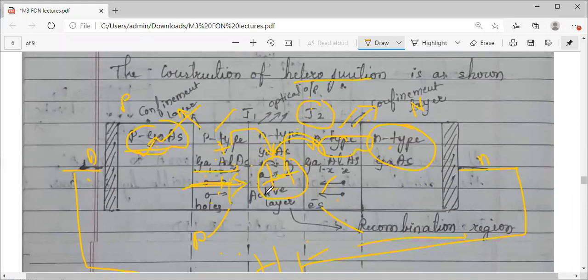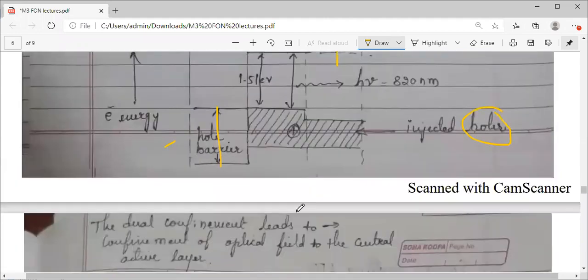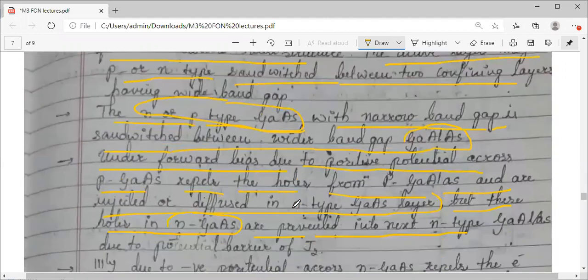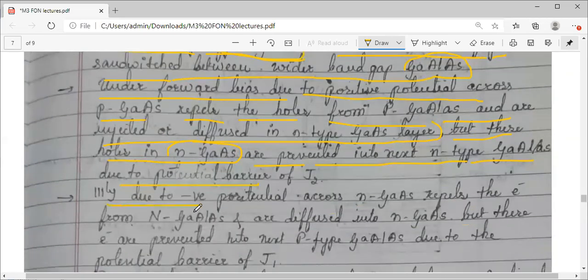So the moment they get diffused into the active layer, from the active layer further they will not move into the next layer, because at the junction J2 we have a barrier potential, because of which they will not move further, and those holes will be restricted in the active region. So this is happening in the forward bias, at the positive side.